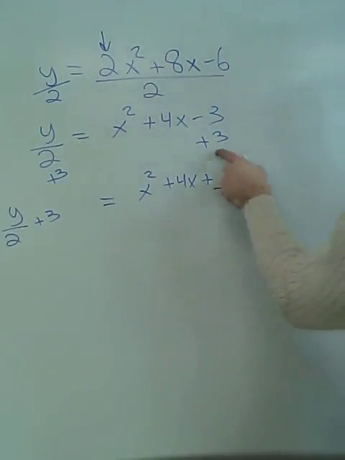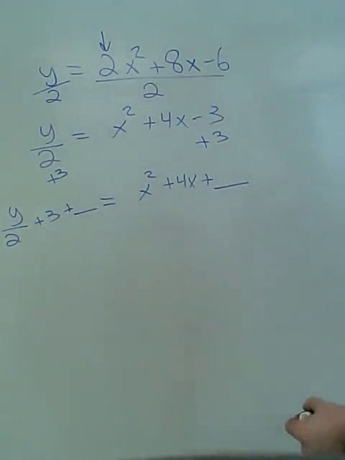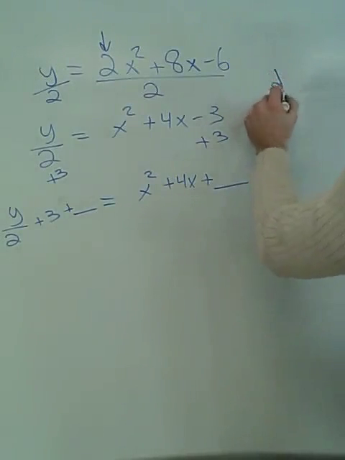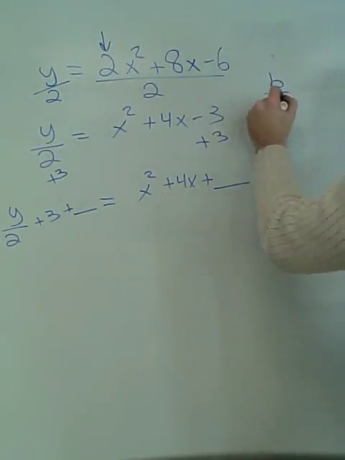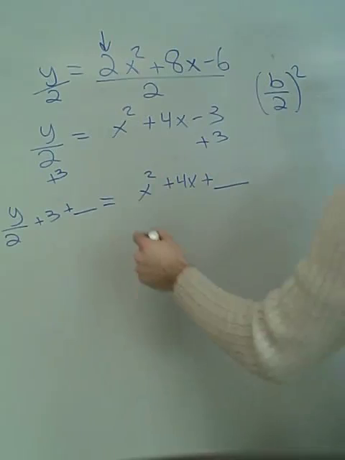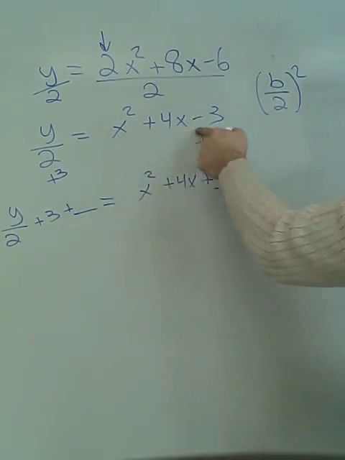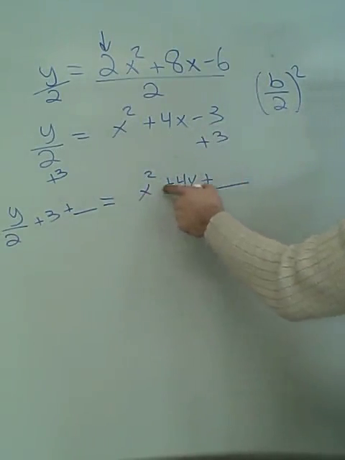And you can't just add it to the right side of the equation without adding it to the left side of the equation. Now that something is what I call the magic number. And how you find it is you take b, not d, but b, b divided by 2, and you square it. Now, if you remember, we have A, B, C. We don't really have a C anymore, but we still have our A's and our B's.